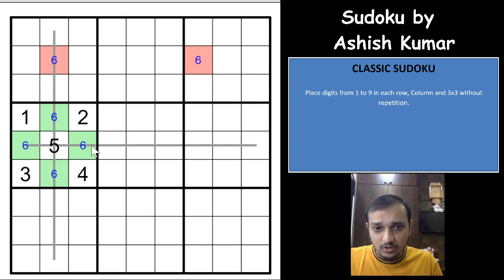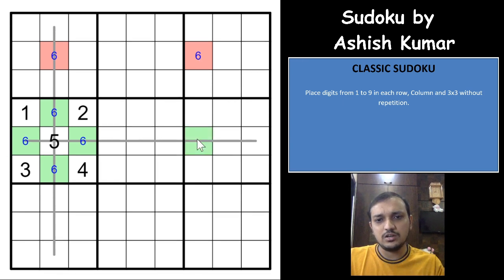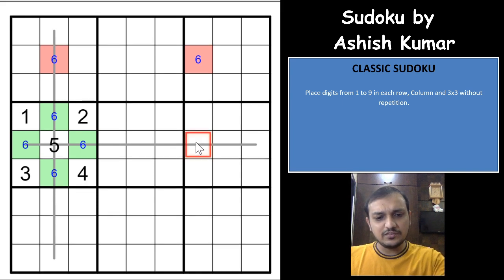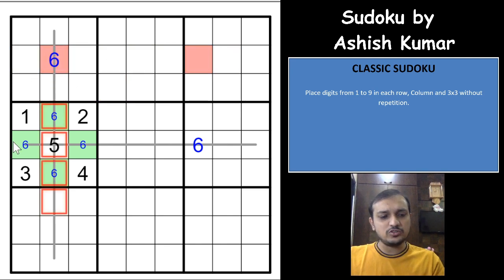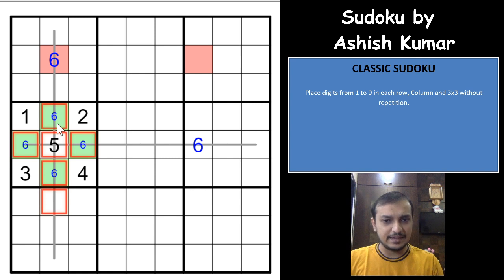Now the row in that box and the other possibility of the 6 have a mutual cell here on this column, on this row, right? So if you see this cell now, this cell cannot be a 6. The moment you have this cell as 6, this row cannot have this as a 6 and this becomes a 6, and all the possibilities of 6 in this box are eliminated. This is what is called an empty rectangle technique.